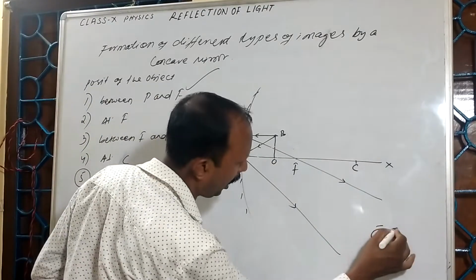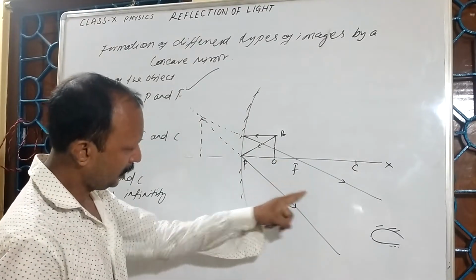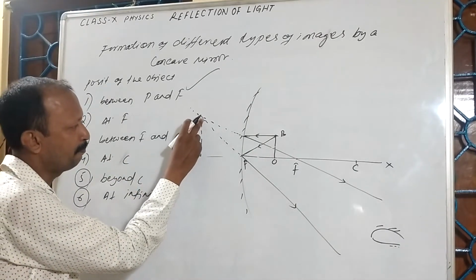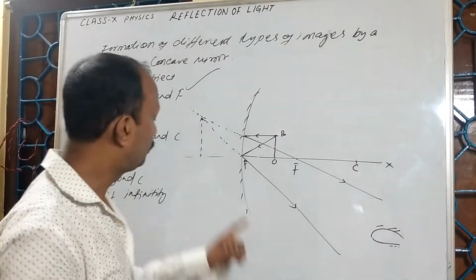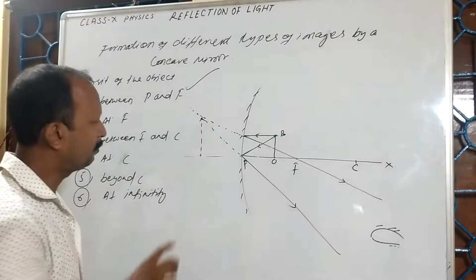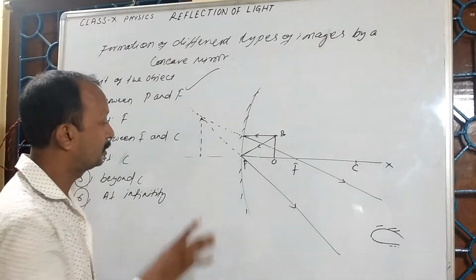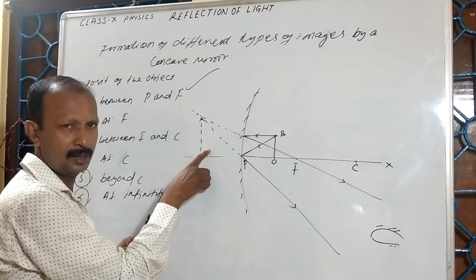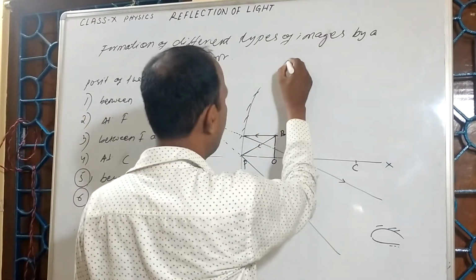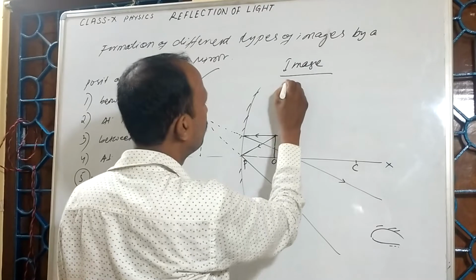This is our eye position. Now, the reflected ray seems to be coming from this point, that means from the back side of the mirror. This type of image is called a virtual image. You observe the size of the image is bigger than the size of the object. The image is formed behind the mirror, virtual, erect and magnified. So I can say that the nature of the image will be: first, the position of the image is behind the mirror.